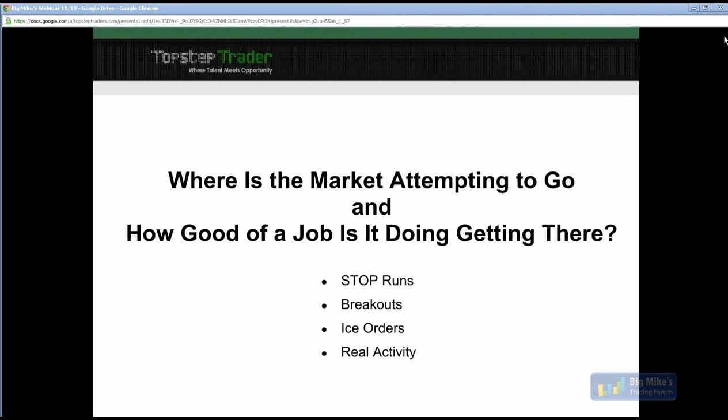Breakouts have become so much easier for me to spot since I have been watching time and sales and the dome at these points. There are times when I become so confident in what I'm seeing, and it's really been a tremendous asset.